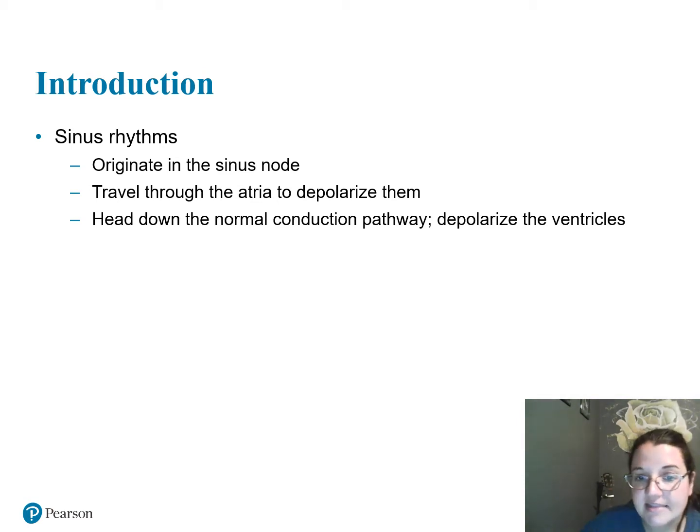It's going to head down the normal conduction pathways, and then it's going to depolarize the ventricles. So wherever that impulse is and whatever tissue it is touching in the heart is what it's going to depolarize. And as it travels down the heart, the tissue that is not being touched by that impulse is then going to repolarize and relax.